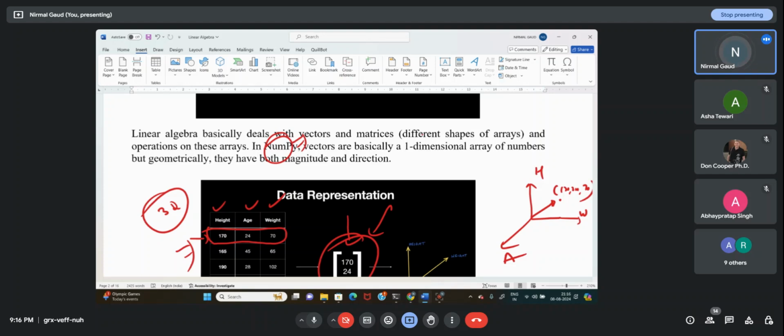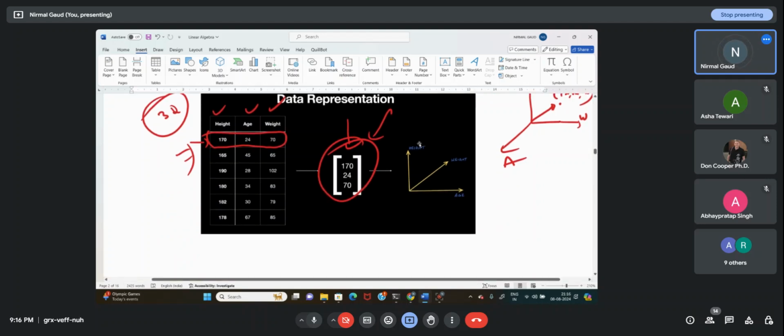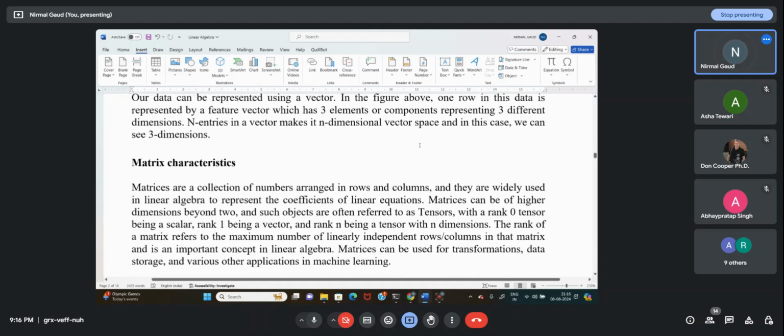Because whatever operations, whatever maths we are going to apply, are applied on arrays. An array is made up of numbers, so you have to work upon the numbers. That's the reason we have to transform the data into some notation. Here is the example related to it.